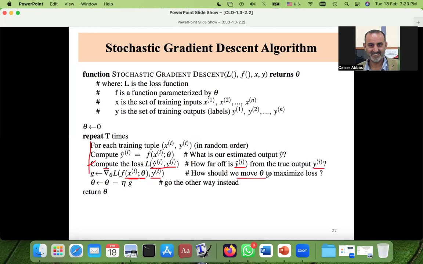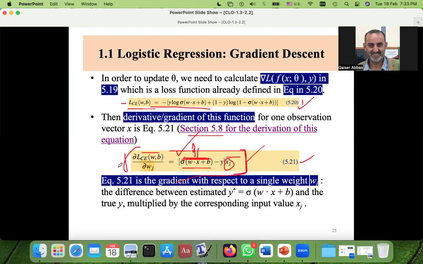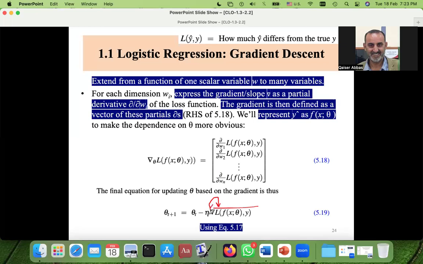Now it is confirmed that this is one observation, but now you will take all weights theta. How should we move theta? Here it is minimize loss, not maximize loss. So here we are basically calculating this part of the equation, equation 5.9, to get our optimized value of theta. But first we are calculating this gradient of the loss function. The loss function is the third step where we have the equation.